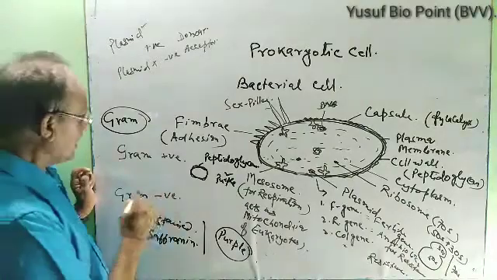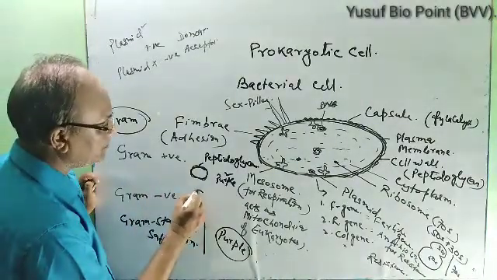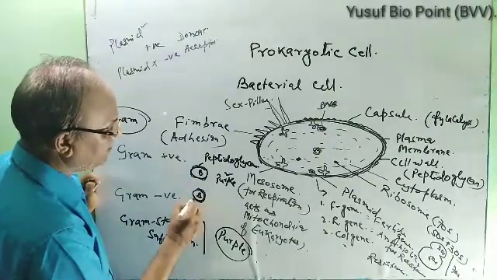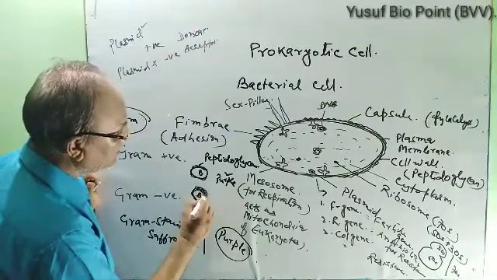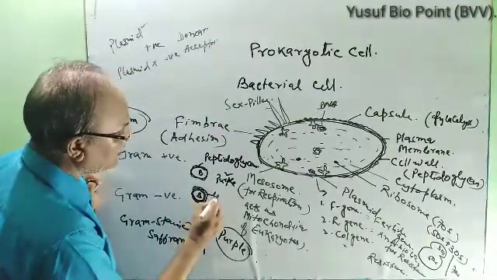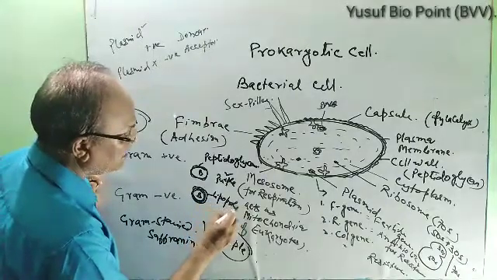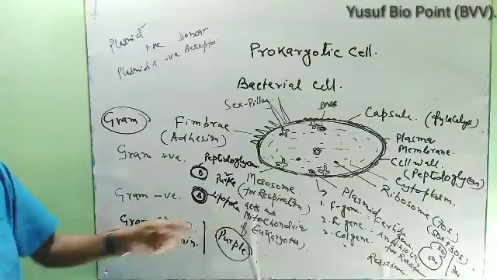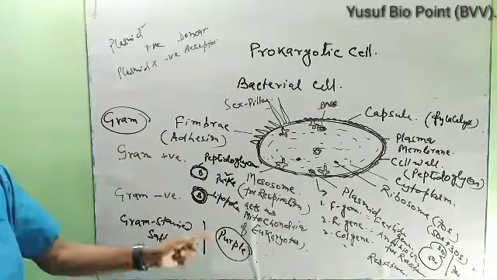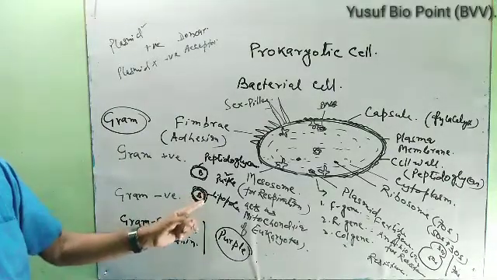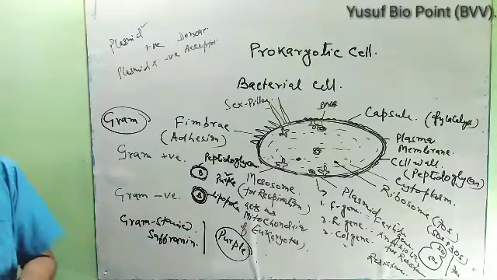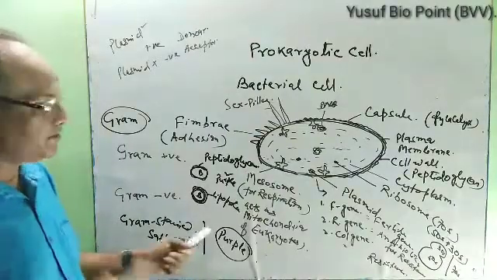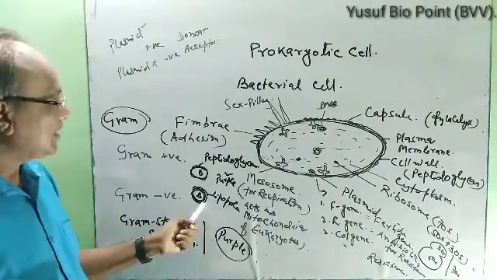But in some bacteria, there is this peptidoglycan layer, and above this there is also a lipoprotein coating. Lipoprotein does not allow the stain to go inside and to react with the peptidoglycan. So at first it takes color, and when it is washed, the color is washed away. So it has no color.